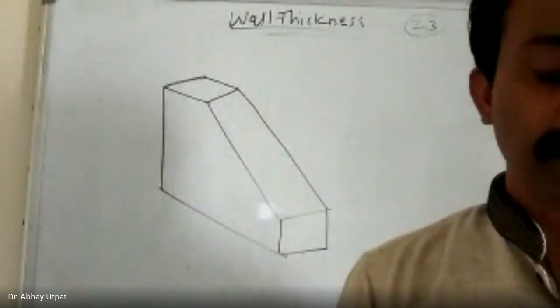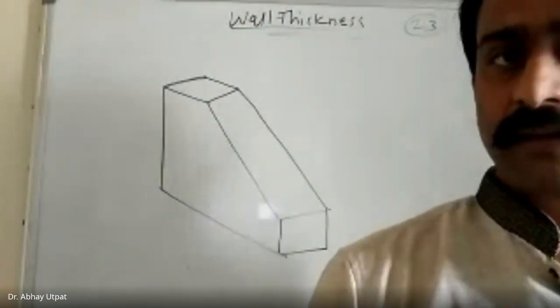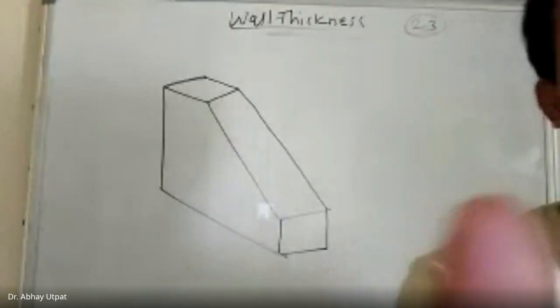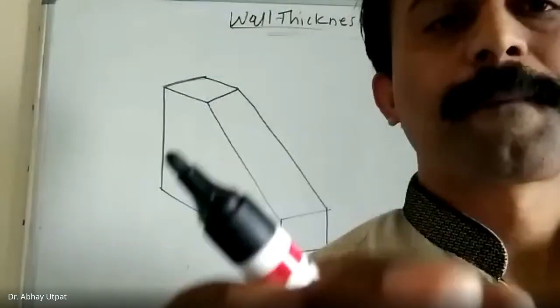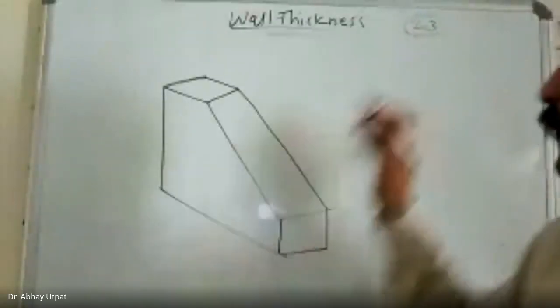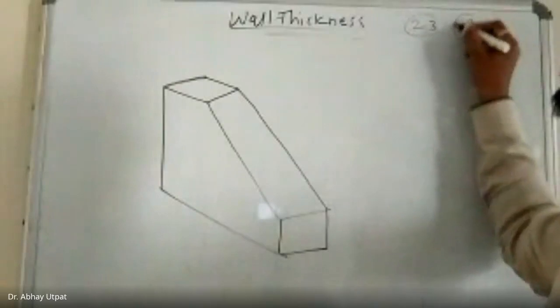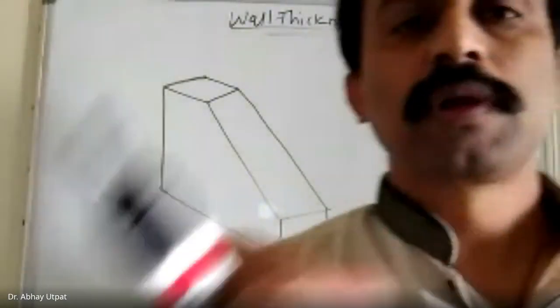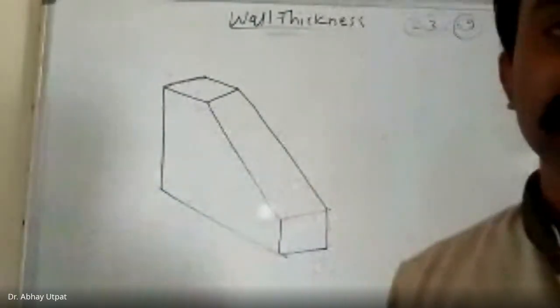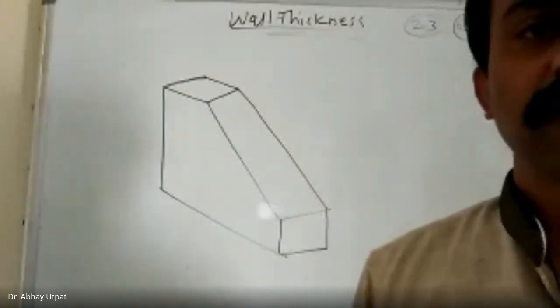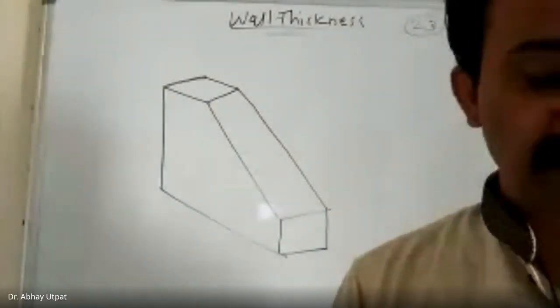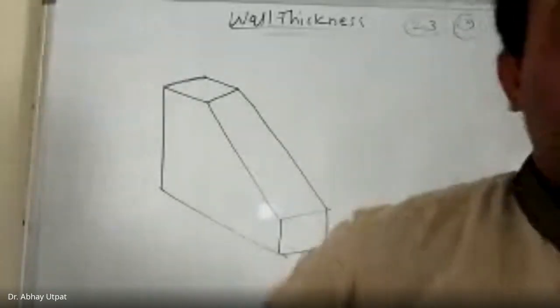Avinash Vankalas, roll number 69. Roll number 69. Roll number 73, Prasad Magji. Roll number 73, Prasad Magji. Yes, sir.